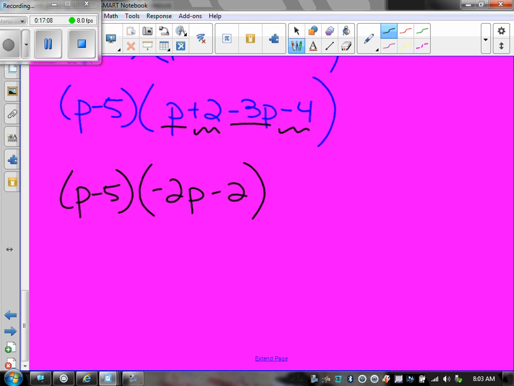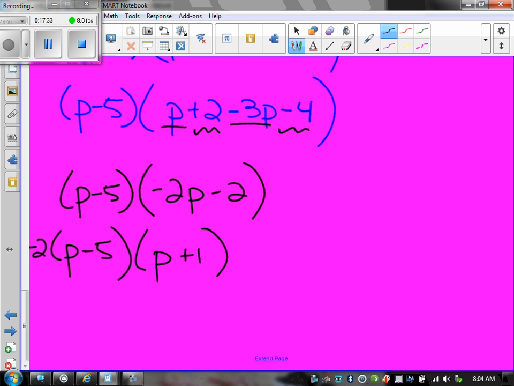Can I break it down a little bit more? All right. Can I take out a negative 2 from both of them? If I take out a negative 2, could I just put it in the front here? If I take out a negative 2, then what's left over? P plus 1, right?